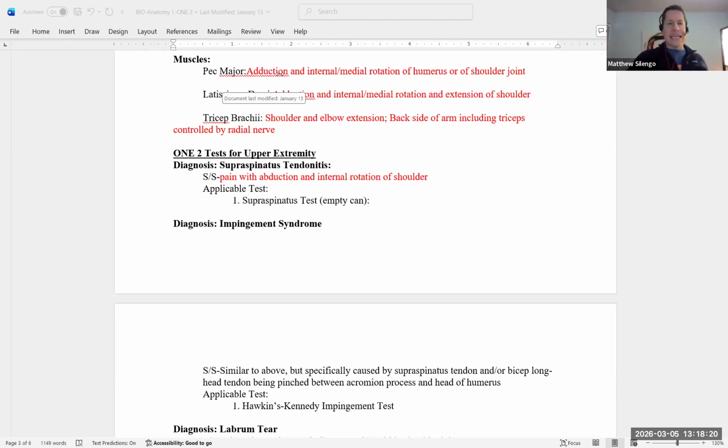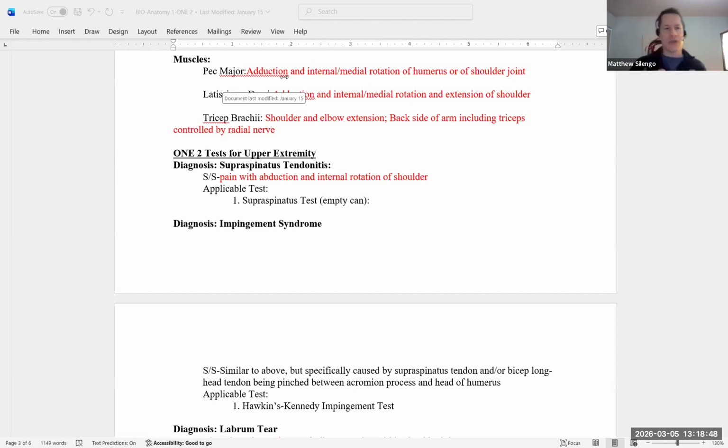So it does what we call adduction of the humerus. It also, if you're in anatomical position, can pull the humerus into what we call internal rotation, internal or medial rotation. So those are going to be the primary actions of the pectoralis major.